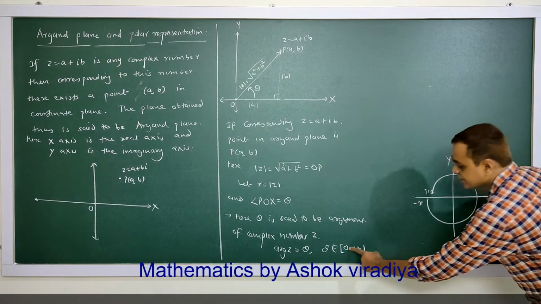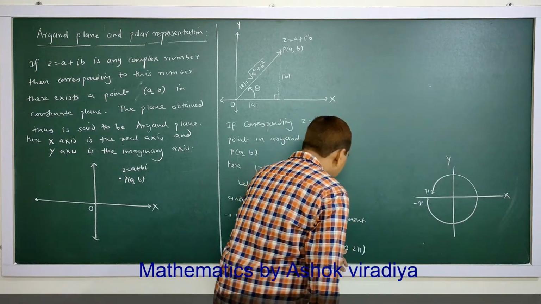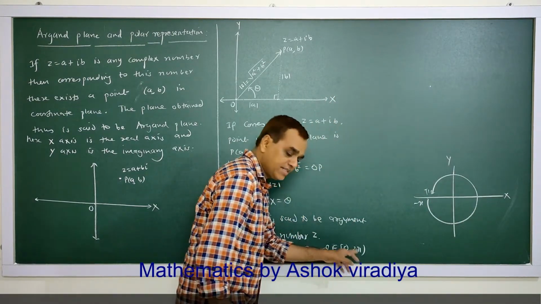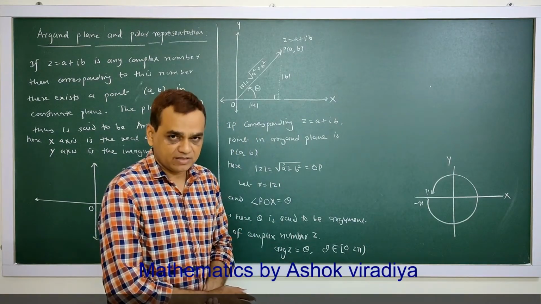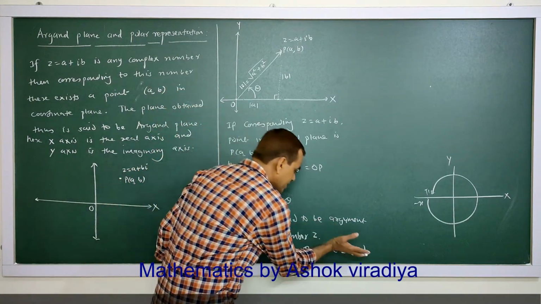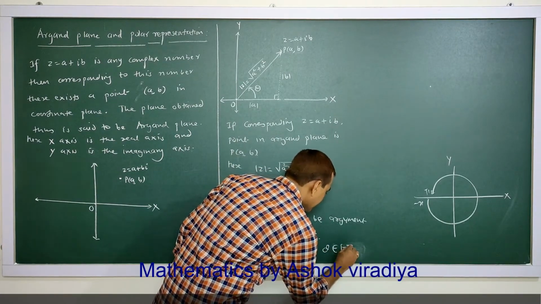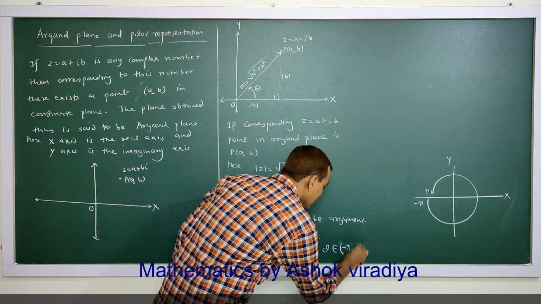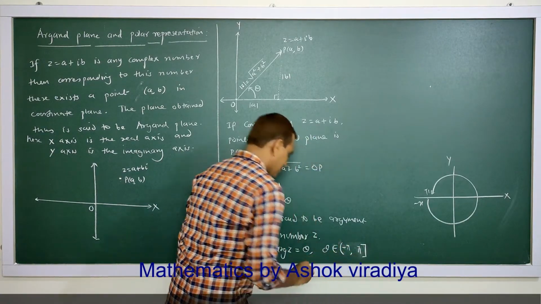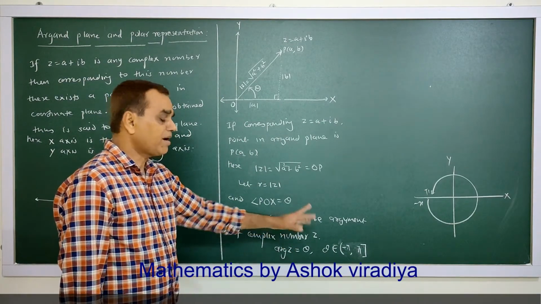So instead of 0 to 2 pi, if I take minus pi to pi, then theta is said to be the principal argument. We keep the minus pi side open and the pi side closed.